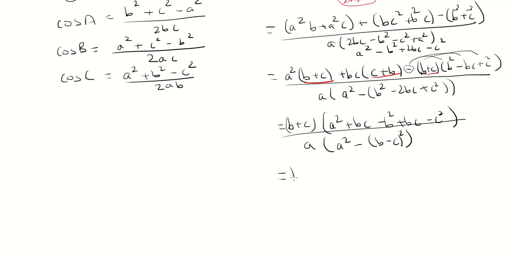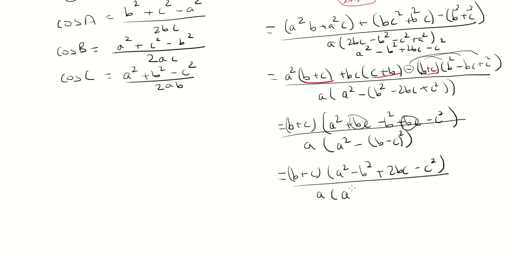Now I can simplify. Here I have 1bc and 1bc that combines to give me 2bc. So I'm going to write it like this. I'm going to put negative b squared first, and then 2bc minus c squared over a, and then a squared.